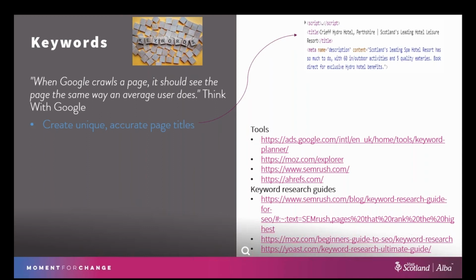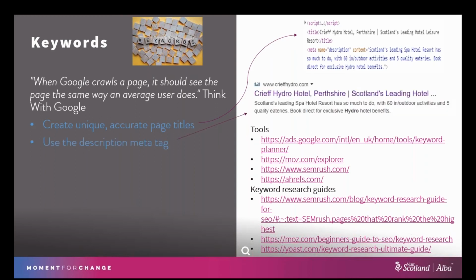These appear to a user at the top of the browser when you're viewing a particular web page, and as the title in the search results pages. I'll give you an example of what that looks like. So you can see there the title tag for Crieff Hydro is Crieff Hydro Hotel, Perthshire, Scotland's leading hotel leisure resort.